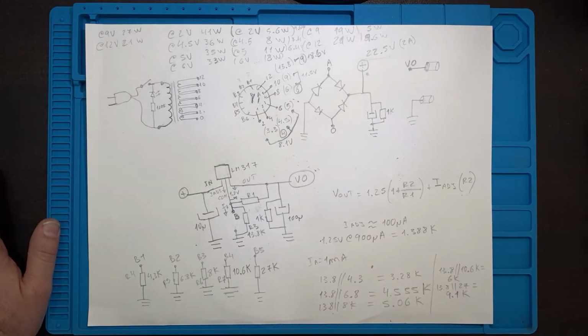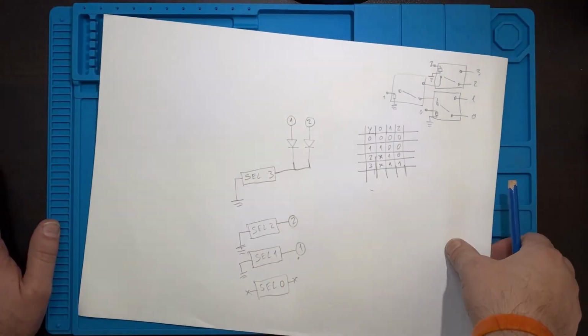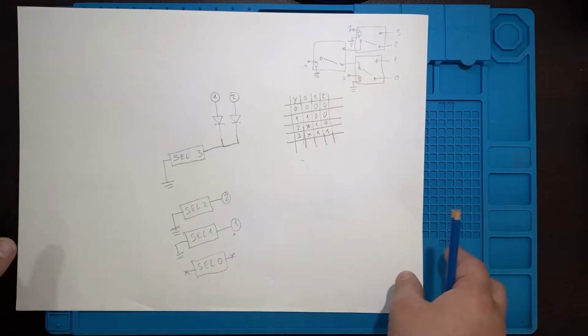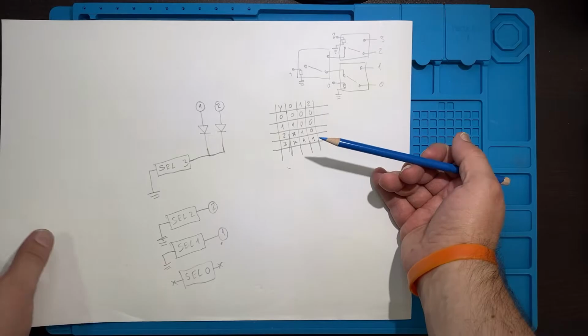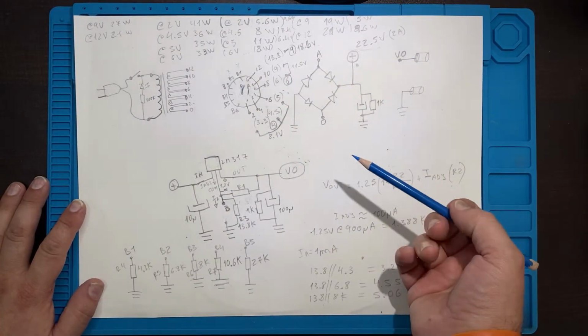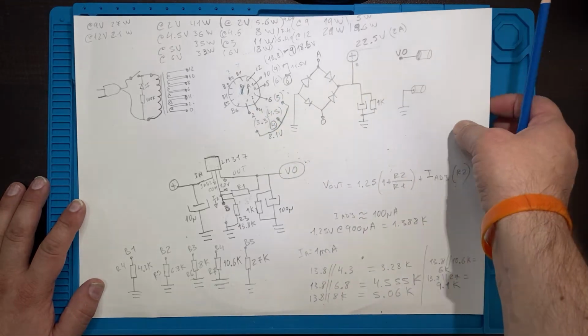So I had to come up with another solution. To use that switch, I had to actually use the ground on this pin A, which is not what I was going to do in the beginning.